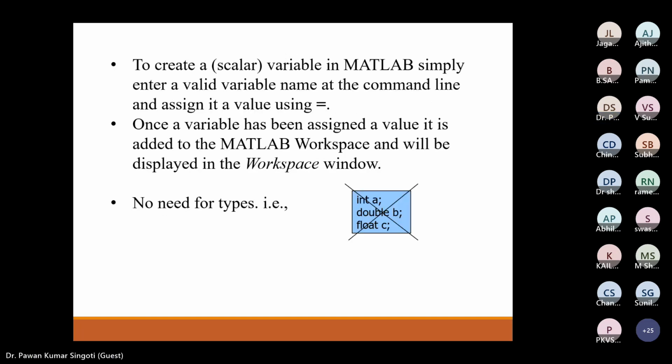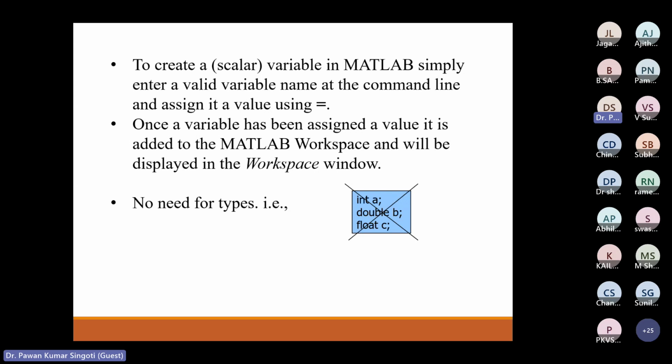To create a scalar variable in MATLAB, simply enter a valid variable name at the command line and assign it a value, using any value. As I showed you with sqrt, you cannot assign a value to sqrt, because it is already held by MATLAB.